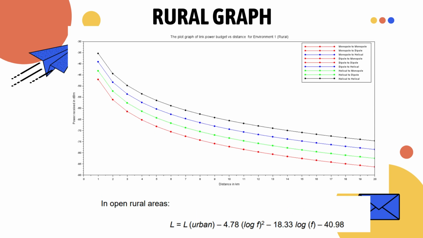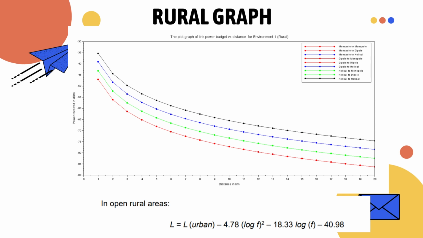Rural. The rural path loss graph shows the path loss experienced in a rural environment. In rural areas, the absence of tall buildings and dense obstacles results in relatively open space, free of obstructions. As a result, the path loss in rural areas tends to be lower compared to urban and suburban environments.